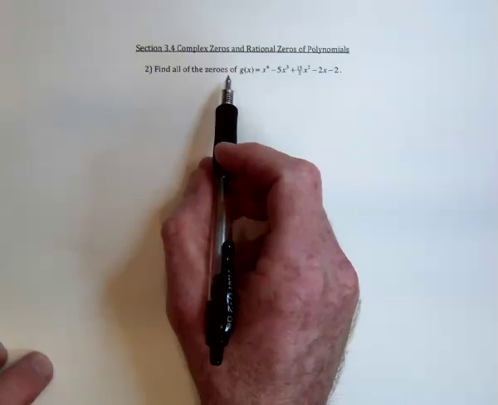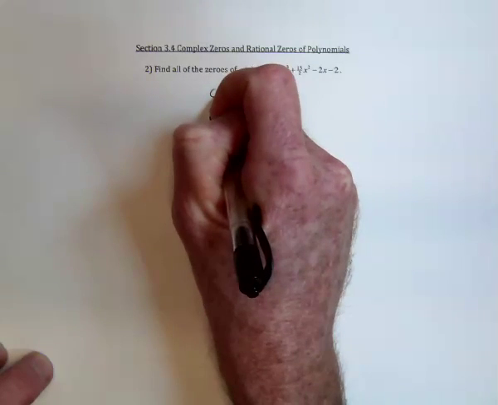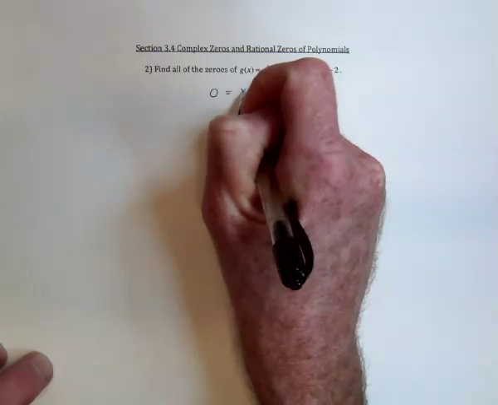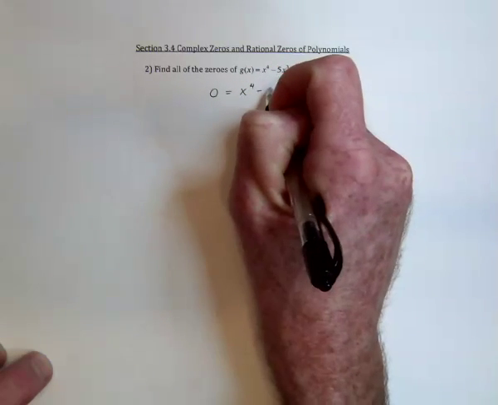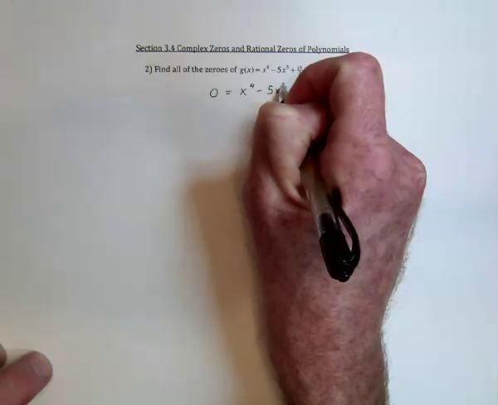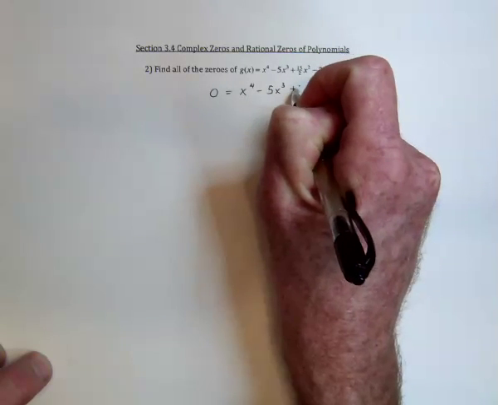So now we need to find all of the zeros of this g function. So setting it equal to 0. Since it's x to the 4th, it's possible that there's as many as 4 zeros that we need to find.